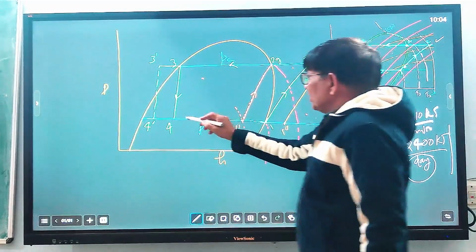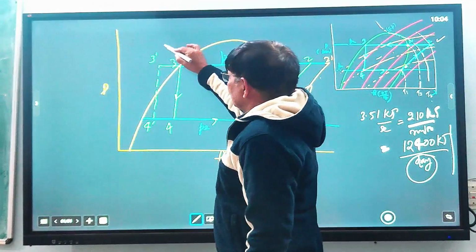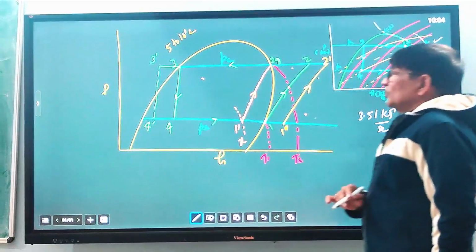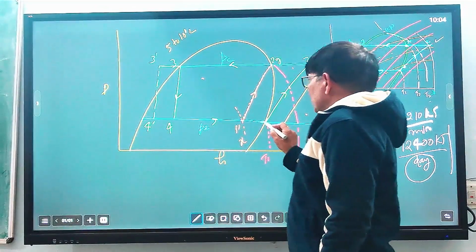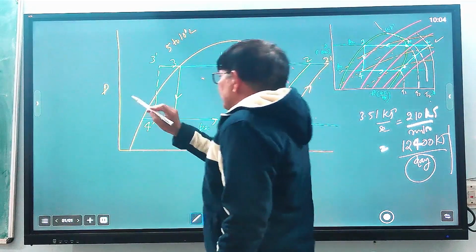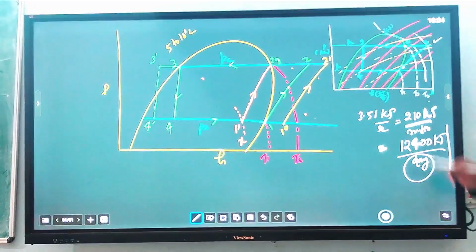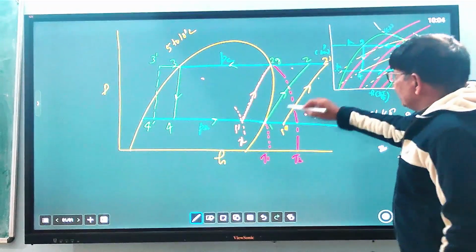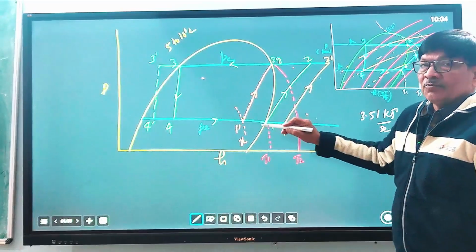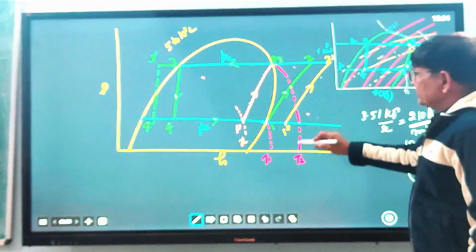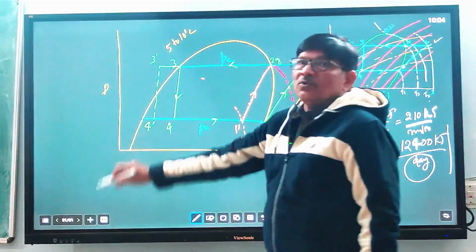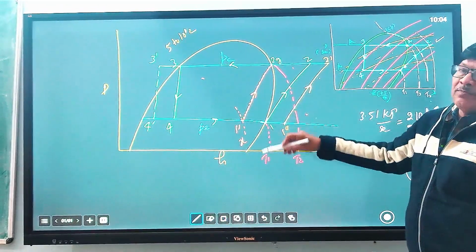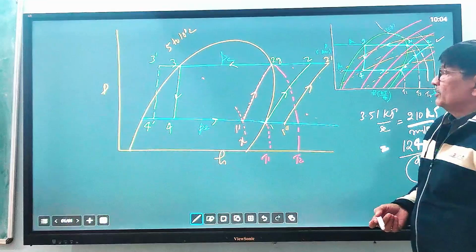To increase the cooling effect, the refrigerant is further subcooled by 5 to 10 degrees centigrade, so the cooling effect H1 dash minus H4 dash increases. There is a little increase in compressor work, but it is not as much as the gain in cooling effect. That is why this is the most practical and advantageous refrigeration process.